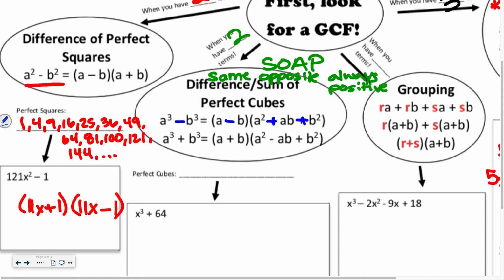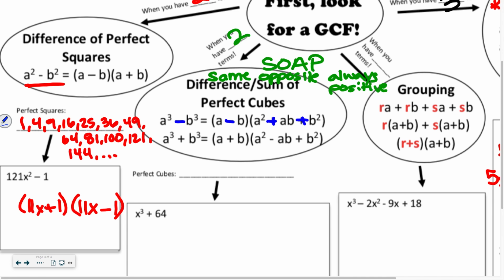Okay. For the perfect cubes, or sum and difference of cubes, obviously we need to know perfect cubes. So we could make the list of perfect squares by doing like 1 squared, 2 squared, 3 squared, 4 squared. That's the same way you can get the list of perfect cubes.